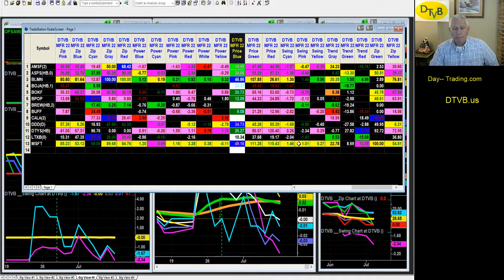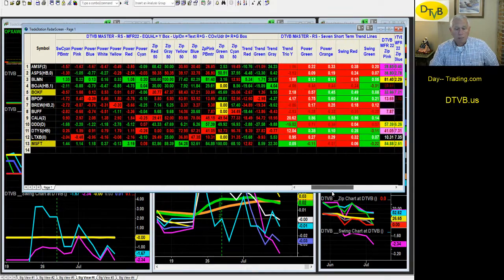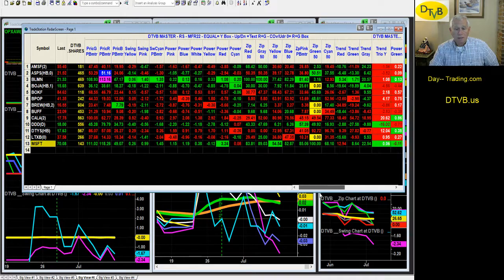So you're going to have 22 of these on the radar screen, and obviously if you put 300 symbols on here, some people's computer will not handle it and it'll crash. So depending on what you're running, these 22 indicators probably run as much as these 22 indicators.